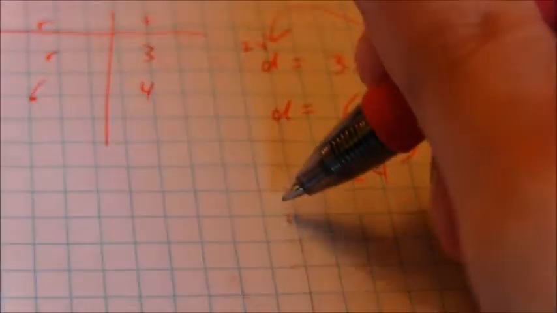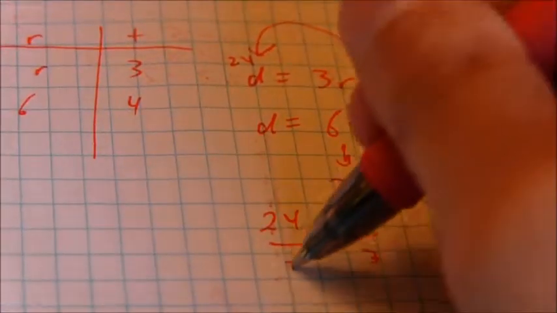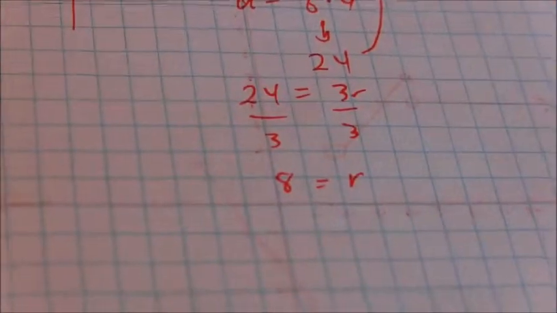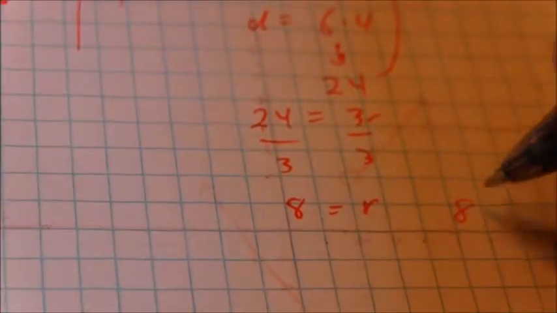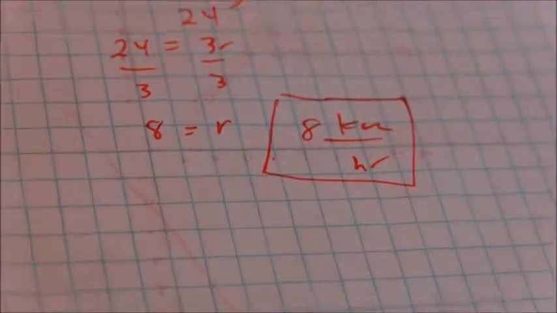So I now have 24 equals 3R. We can divide both sides by 3, and we find that the rate is equal to 8. And you really should include units: in this case, that is 8 kilometers per hour. And that's all you have to do.